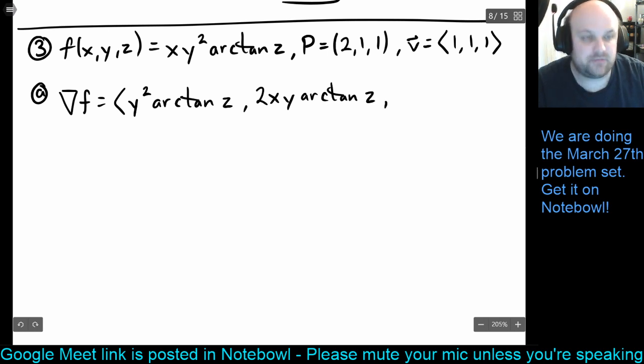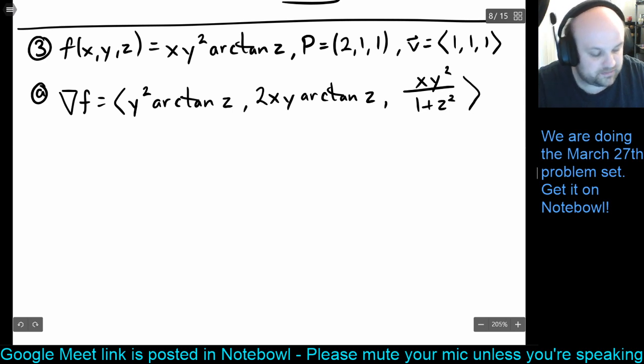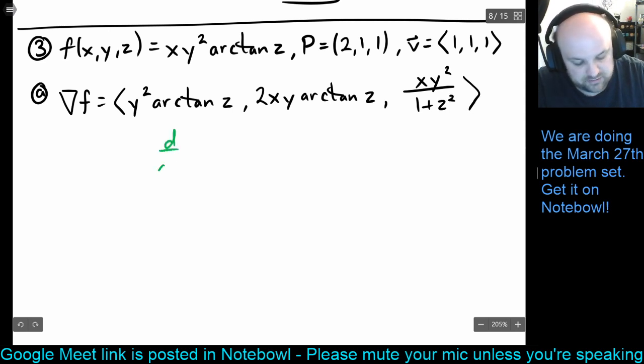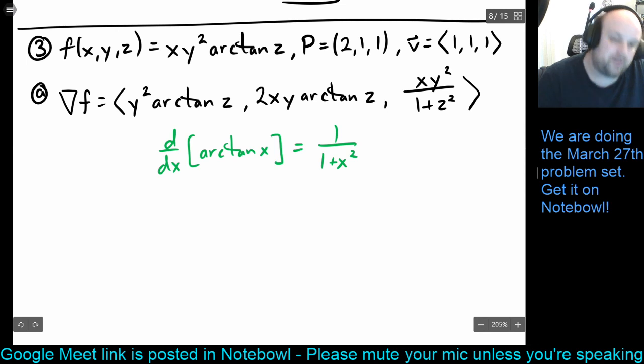And when we differentiate with respect to z, we're actually going to wind up with xy squared over 1 plus z squared. Right, so it's important to remember here, the derivative of arctangent. Right, this is 1 over 1 plus x squared.